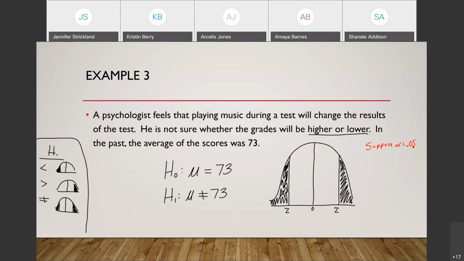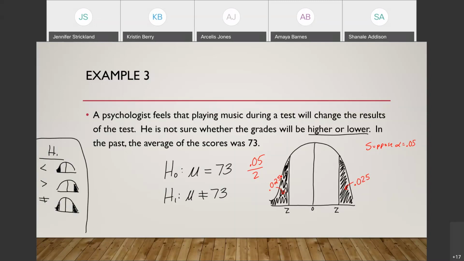So because I have two parts, I've got to take that total and divide it in half so that I know the area for each part. So 0.05 divided by 2 is going to tell me that this part is 0.025. And this part is also 0.025. Okay, so again, a little bit different because the area is split into two pieces. You've got to cut that alpha value in half first. From that point, it proceeds just like the other two.